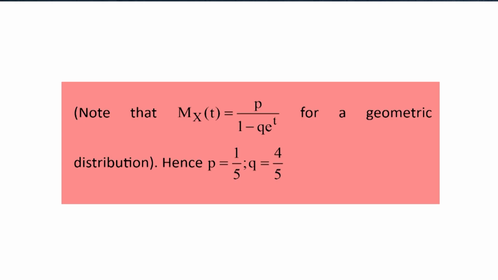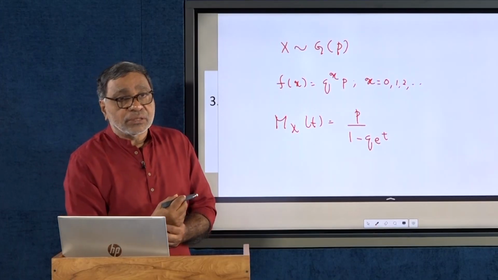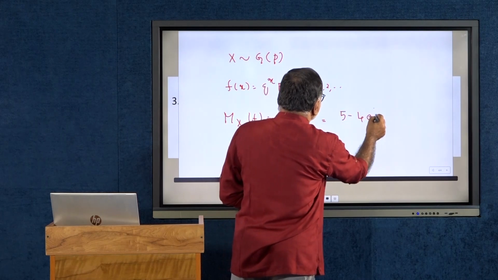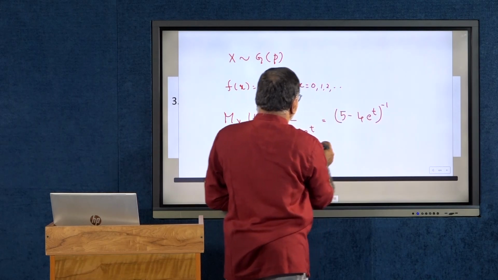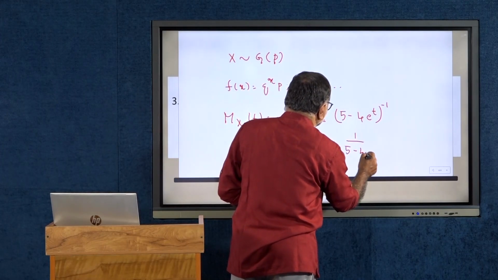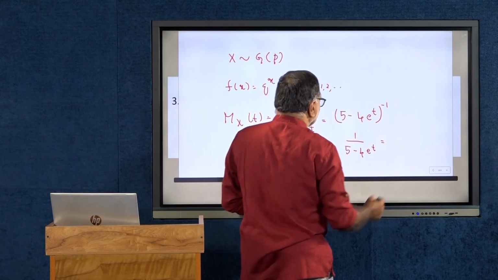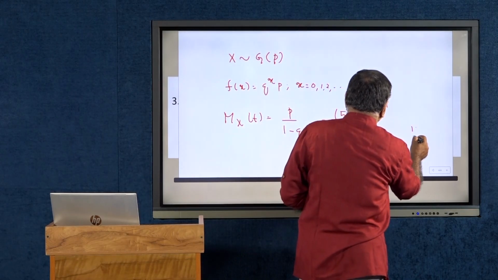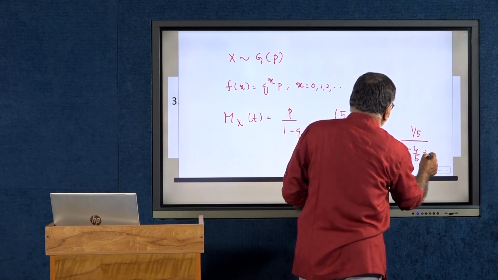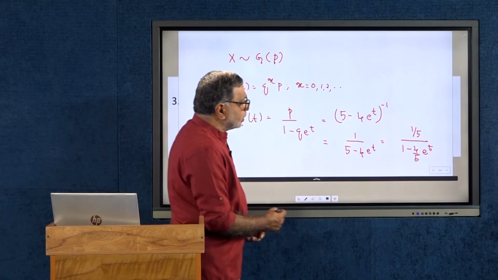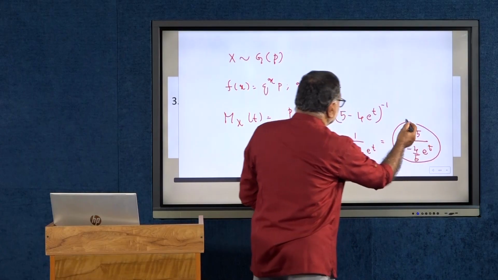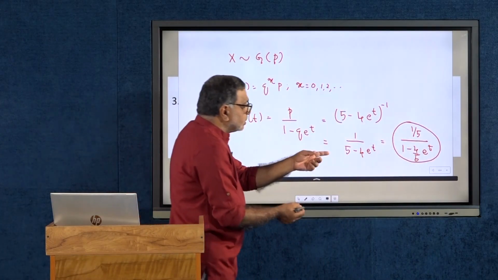Here the moment generating function is given as 5 minus 4 e power t, the whole power minus 1, which can be written as 1 divided by 5 minus 4 e power t, or that can be written as 1 by 5 divided by 1 minus 4 by 5 e power t. Dividing numerator and denominator by 5, you get this. So, this is the moment generating function given to you, and that is similar to the geometric form.